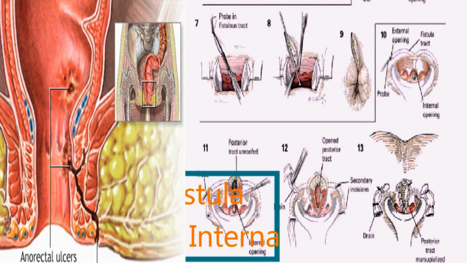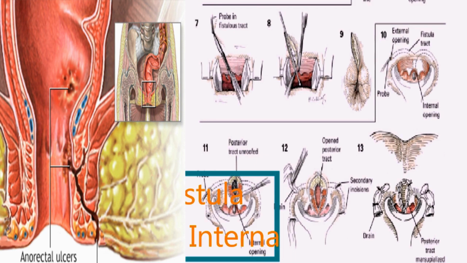In a simple superficial fistula, the entire tract may be stabilized with a probe as it is excised with scissors or electrocautery. For complex fistulae, such as a horseshoe fistula with an external opening anterior to the midanal line and an internal opening in the posterior midline, extensive incisions are avoided.